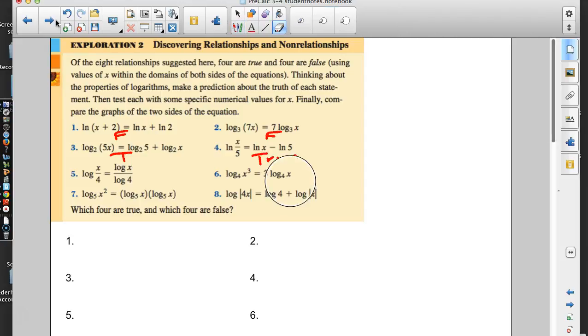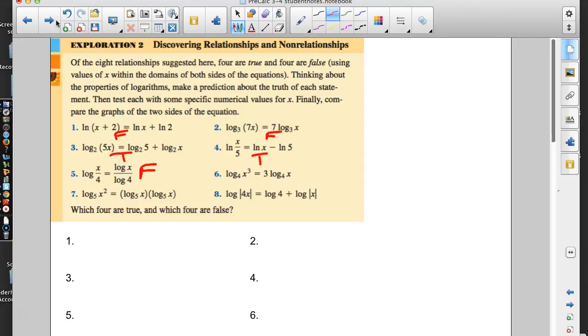I suppose I could just continue with my T and F. Number 5, logarithm of x over 4 equals logarithm of x divided by logarithm of 4. False. But it's division and this is division. What's division supposed to be? Subtraction. See, that's that impulsive part. You start to think, wait a minute, that should work, right?